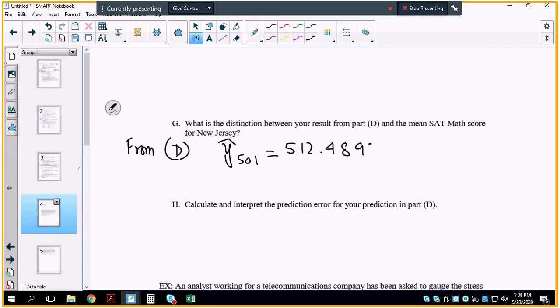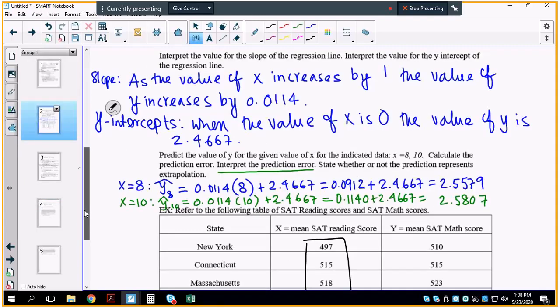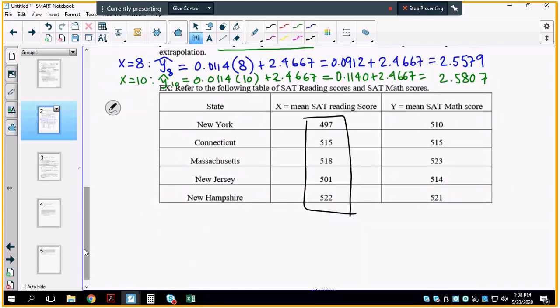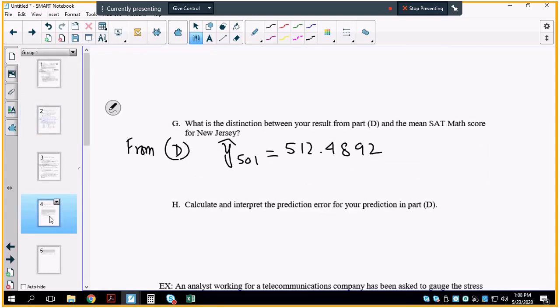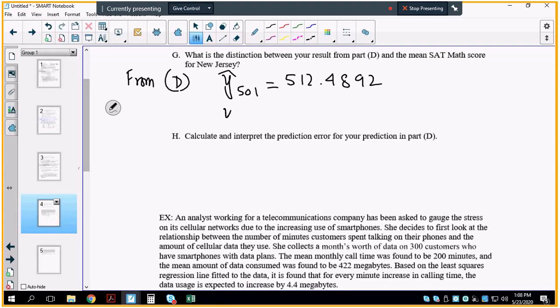Now let's go back to the original problem and see the mean SAT math score for New Jersey. The mean SAT math score for New Jersey is 514, and the mean SAT reading score is 501. So we'll say Y, the actual value for New Jersey, it's the same state because the reading score is 501, is 514.